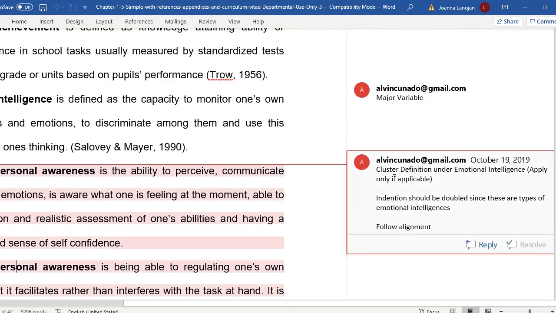Then, cluster definition under emotional intelligence applies only if applicable.